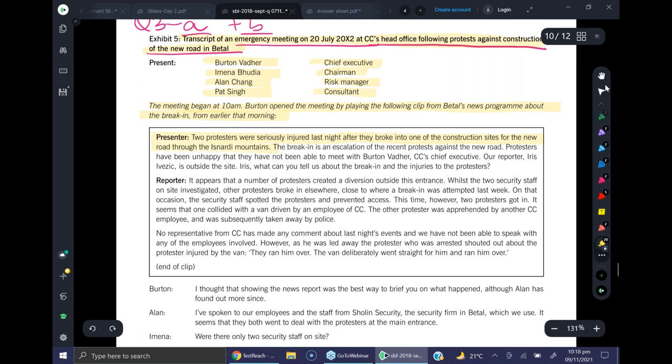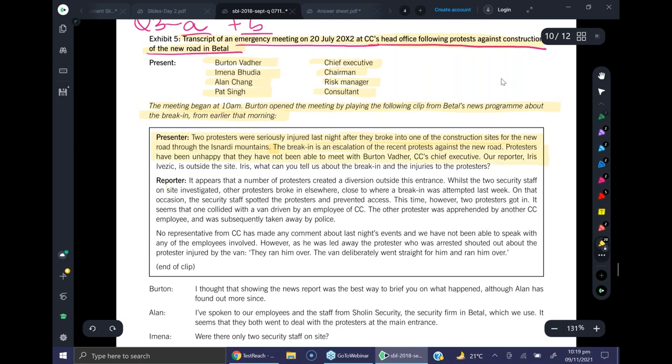So that's the road we are building. We means the CC company. So there were break-ins and there were people who were seriously injured. The break-in is an escalation of the recent protests against the new road. Protesters have been unhappy that they have not been able to meet with Burton Wadher, CC's chief executive.